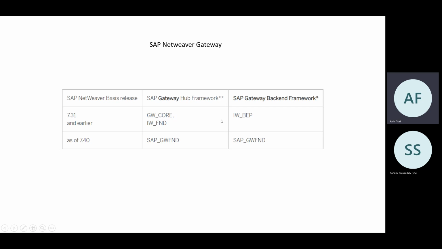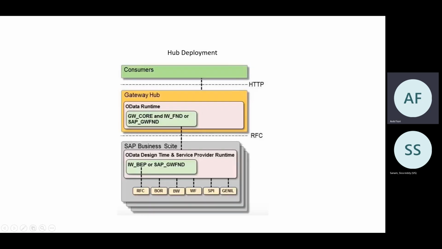But if you're using NetWeaver version 7.40, on your gateway hub you only need the component SAP_GWFND. That one component would be enough. Once you have all these components, it will create an OData runtime.